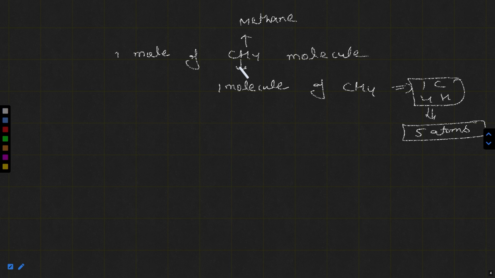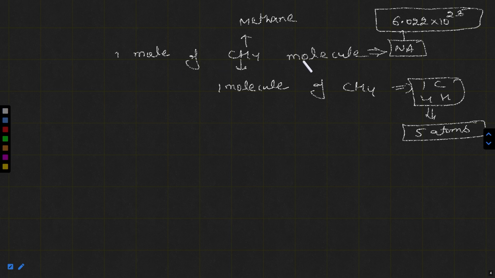In 1 mole of CH4 molecules, the total number of molecules is the Avogadro number, which is equal to 6.022 into 10 raised to the power 23 molecules. So in 1 mole of CH4 molecules, 6.022 into 10 raised to the power 23 molecules are there.